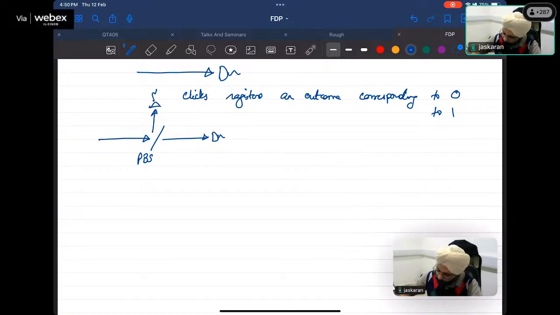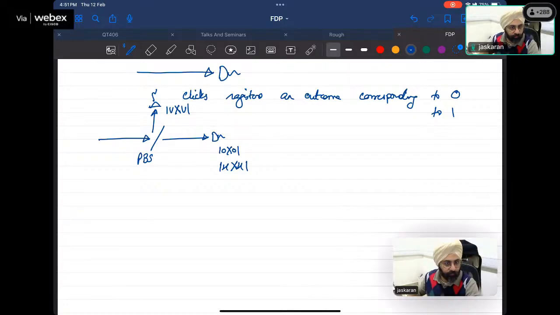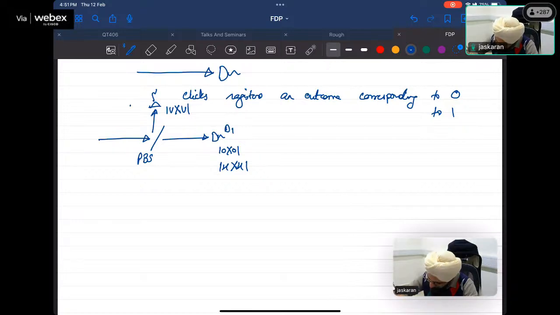If this detector clicks, I can label this as corresponding to horizontal polarization, and this one corresponding to vertical. So if a photon impinges on the polarizing beam splitter, either the detector D1 or D2 will click.